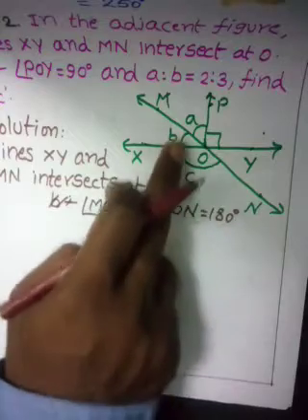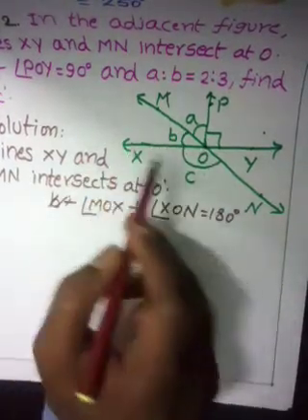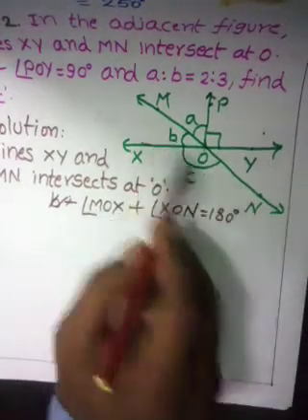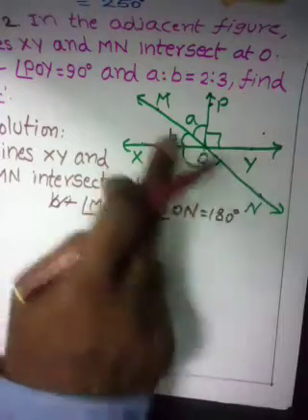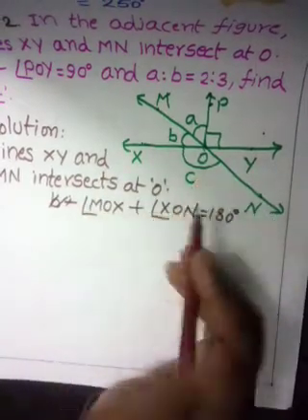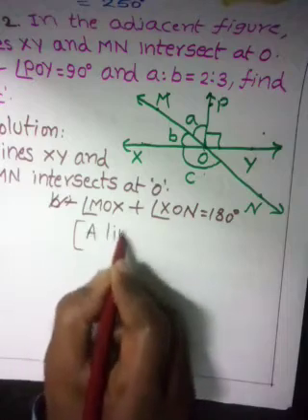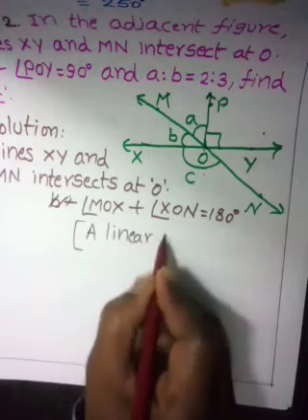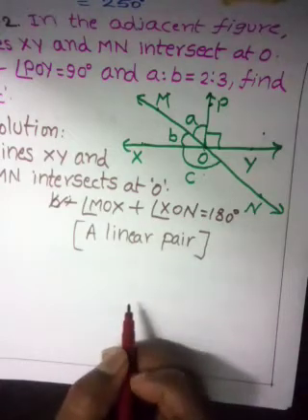Understood this point, my dear children? Understood this line? This angle plus this angle. The sum of these two angles is equal to 180 degrees because these two angles form a linear pair. A linear pair. We have already studied what is meant by a linear pair.